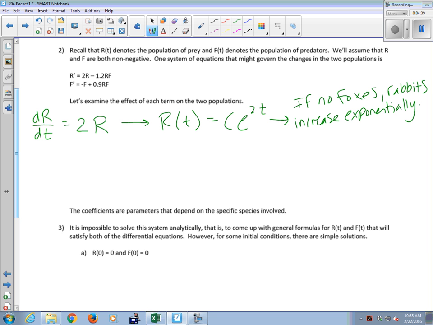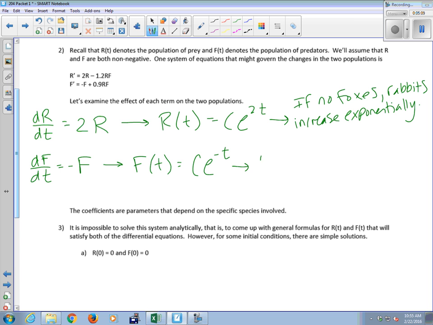All right, let's see what happens to the fox population in the absence of rabbits. Any predictions? Decrease, because the foxes eat the rabbits, and there are no rabbits. They become herbivores. They'll either die out or they'll evolve, but according to the model, f of t comes out to be c e to the negative t.